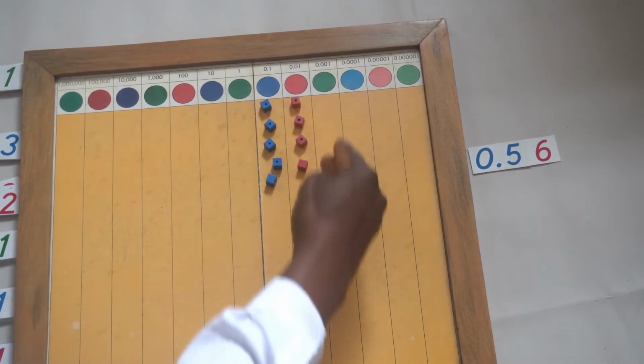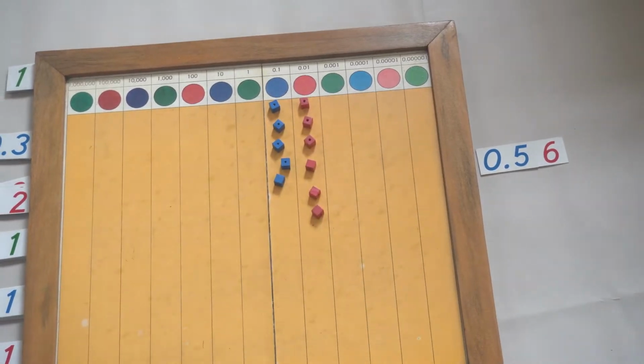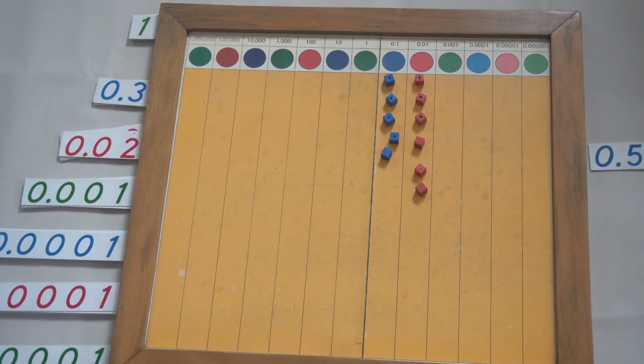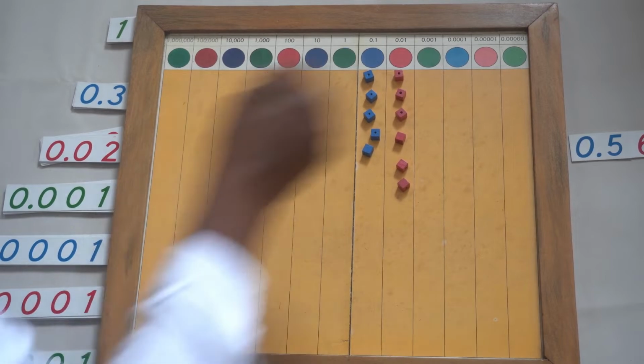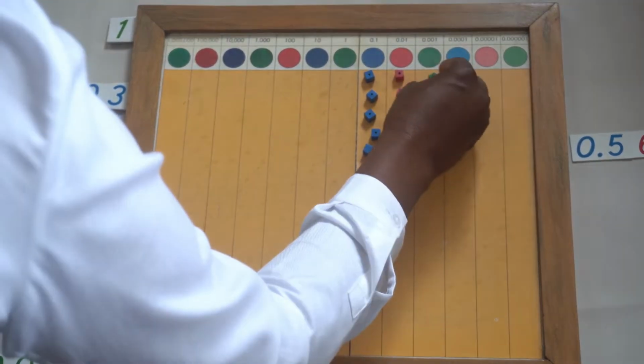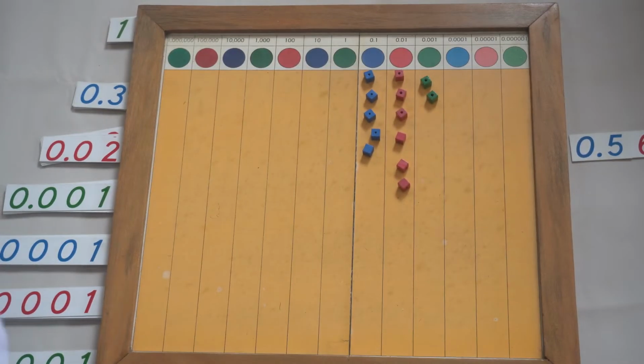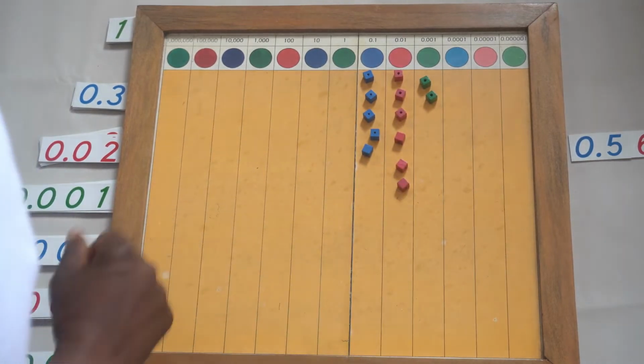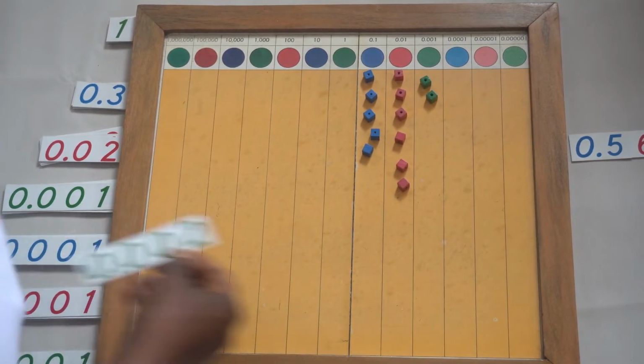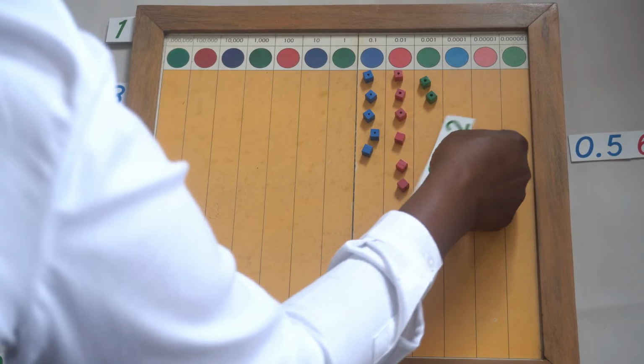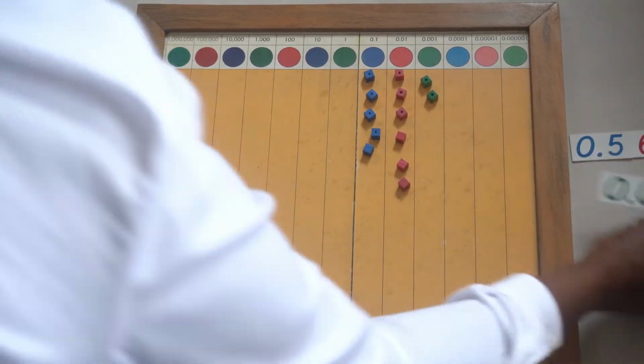So let's put more quantities here in the thousandths category. Suppose I decide to put 2 thousandths here. So now what am I going to have? I'm going to look for 2 thousandths here, to represent this, and add it to this one.